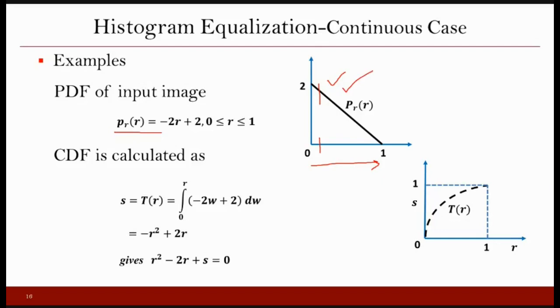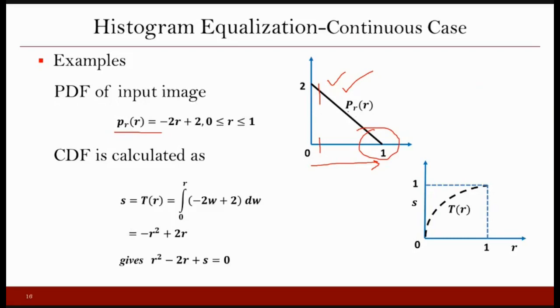If this is your histogram, very clearly we can say that this is not a very good histogram, because it is not uniformly distributed. It is a kind of skewed histogram. On the lower side of the intensity you have many pixels, but at the high intensities your number of pixels is very small. So it's not a good histogram, so we need to equalize it.